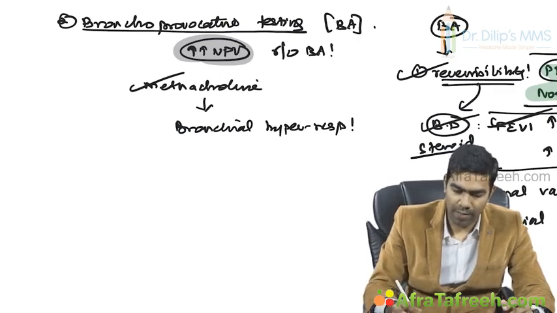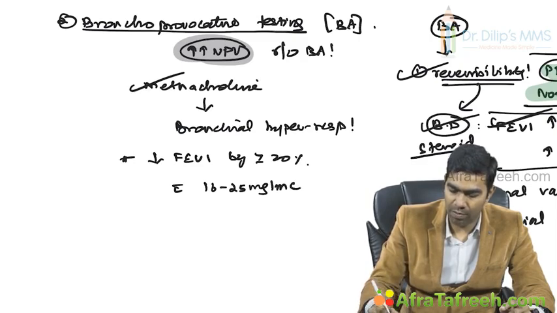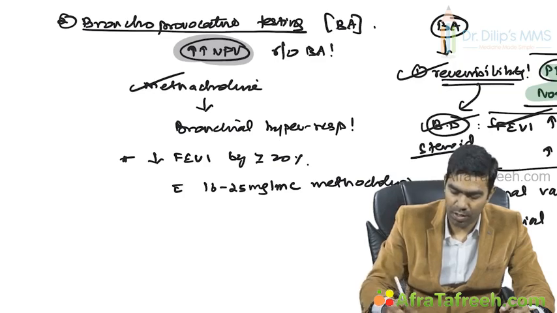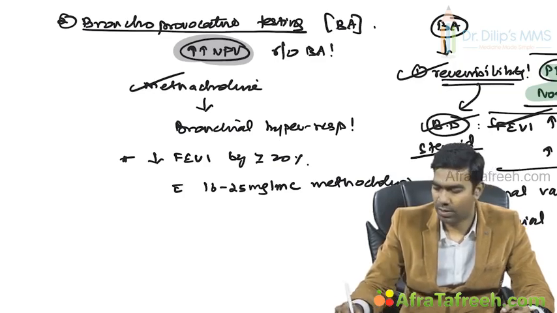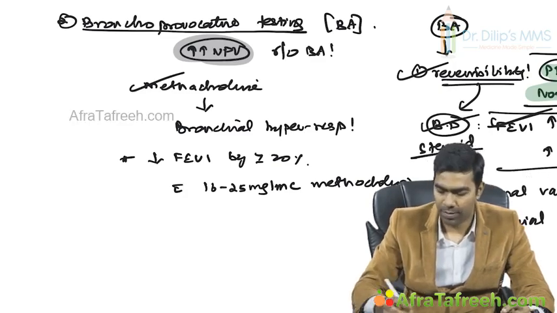When you give methacholine, what are you going to expect? If the FEV1 declines by at least 20% or more with 16 to 25 milligram per ml of methacholine, this is the perfect definition of bronchial hyperresponsiveness.